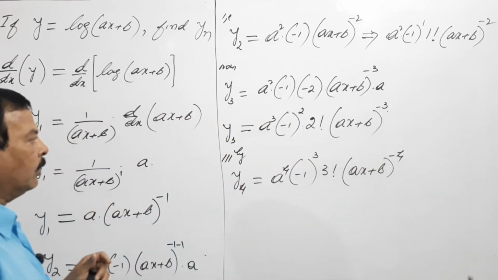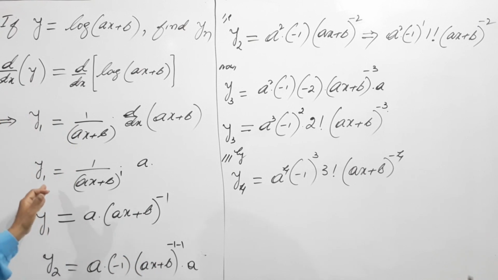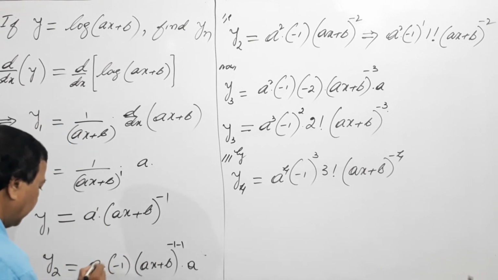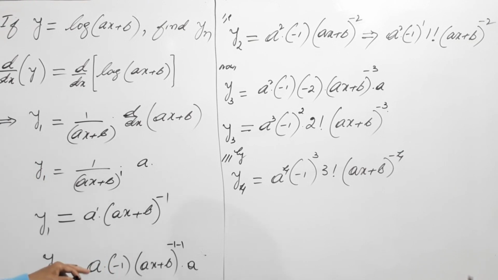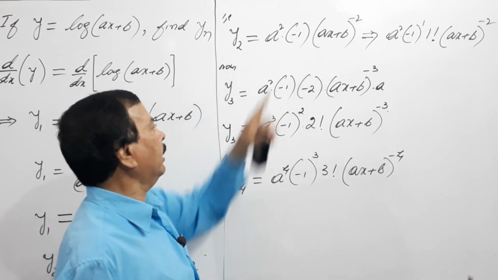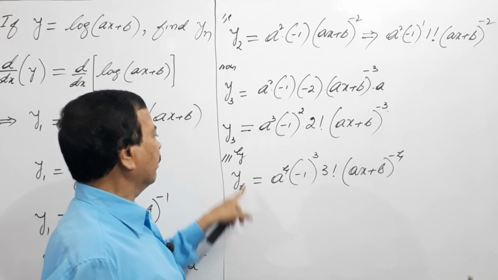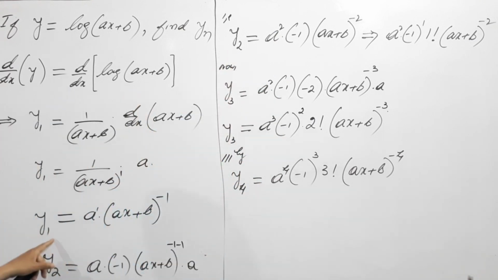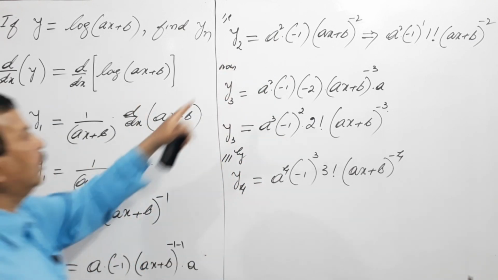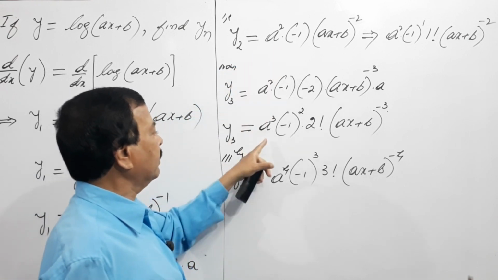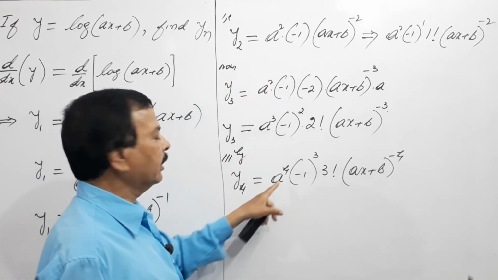So if you notice here, what happens? y1 was a to the power of 1. y2 was a square. y3 was a cube. y4 was a to the power of 4.